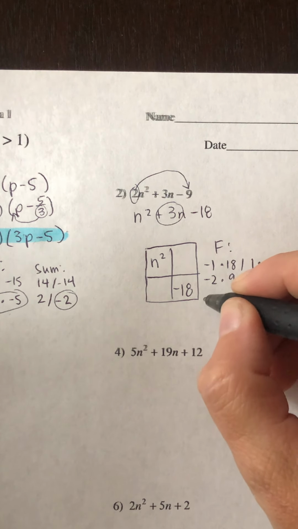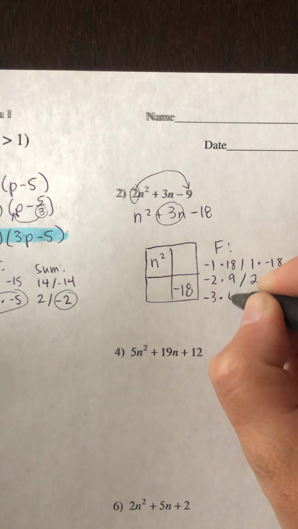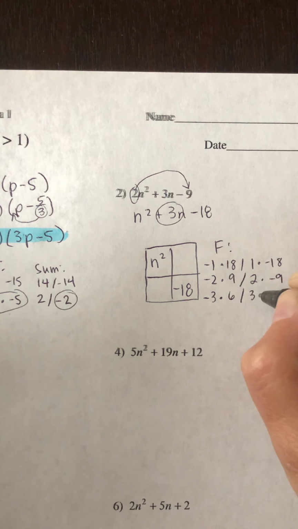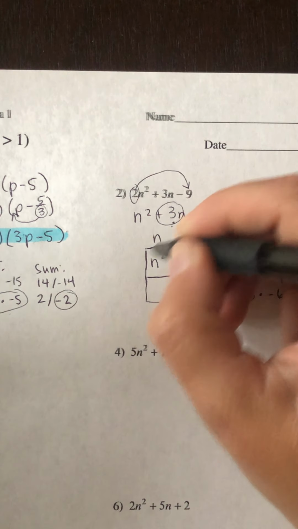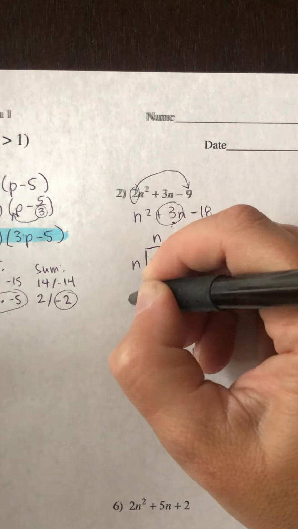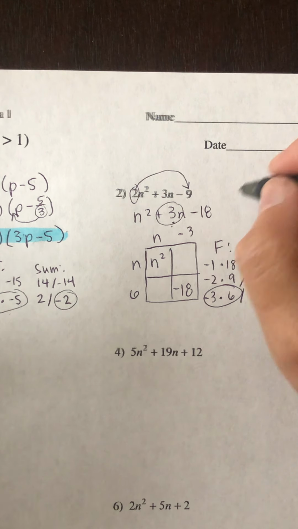Next, we would have negative 3 times 6 or 3 times negative 6, which would give us sums of 3 or negative 3. We want positive 3, so we're going to use the corresponding factors, negative 3 and 6. So we're going to write those out.